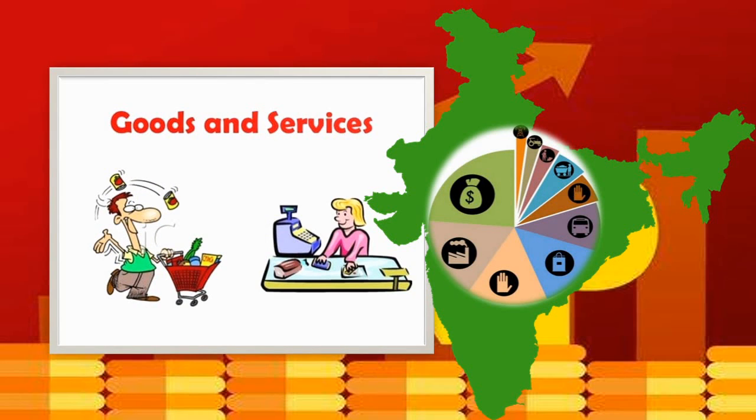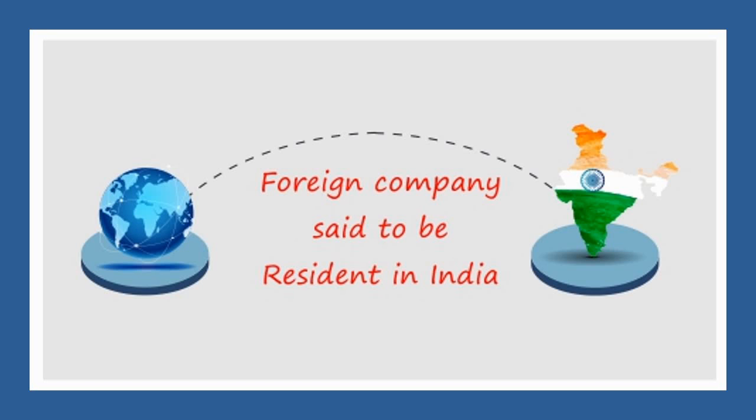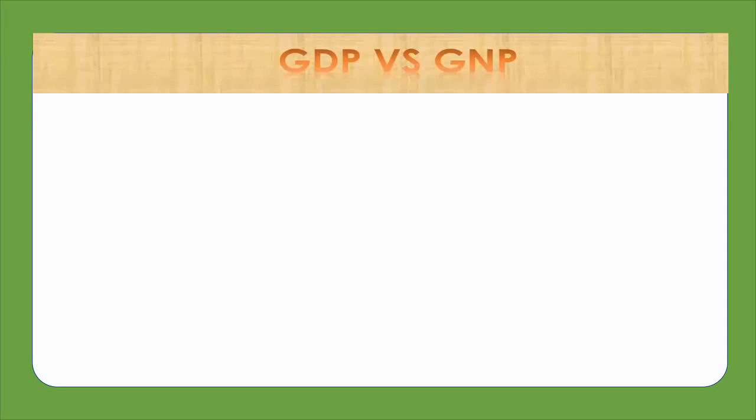So, the respective country considers the own residents' production in and around the country. But at the same time, we should not consider the production value by foreign nations within the borders of the country. This is a variant of GDP in the following way.